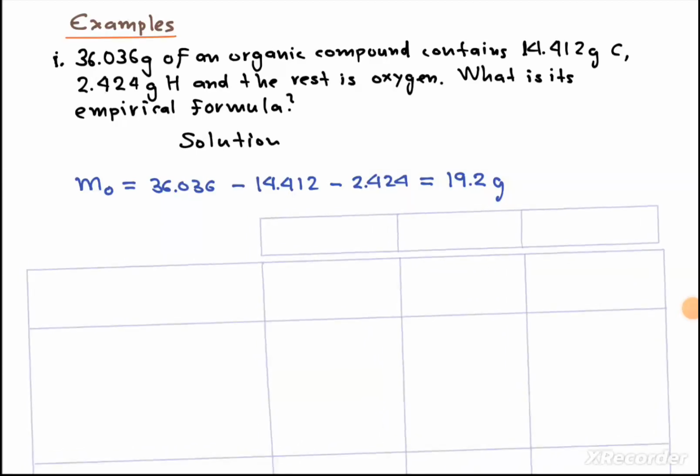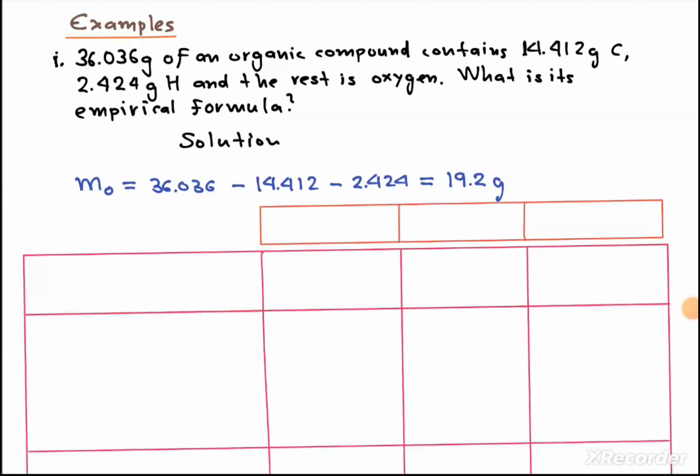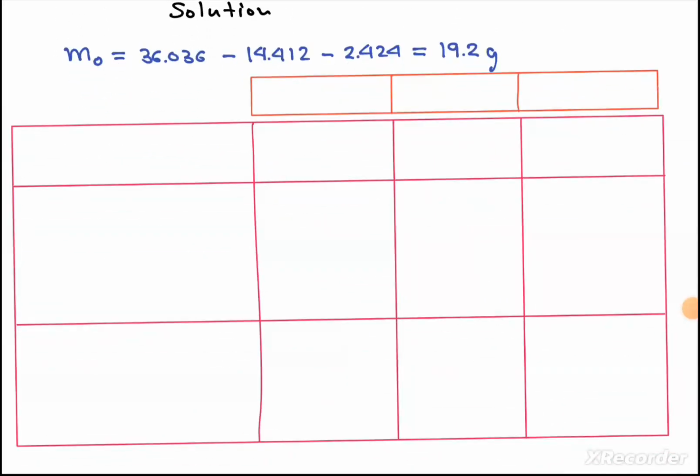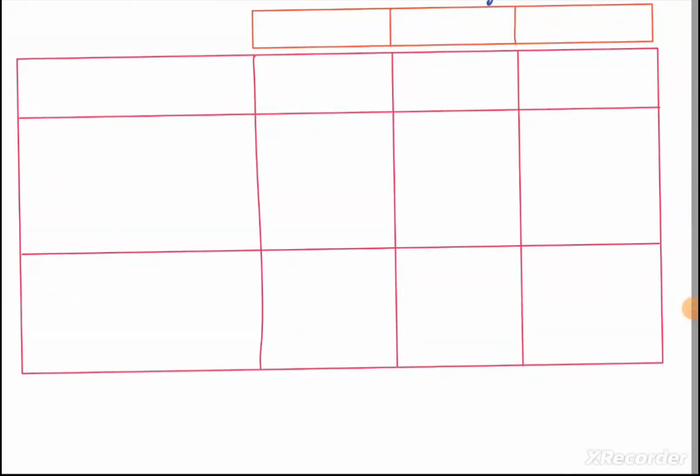Let's see how we find the empirical formula. First, as we said in methodology, step 1, we write the amount of each element in the given amount of chemical compound.